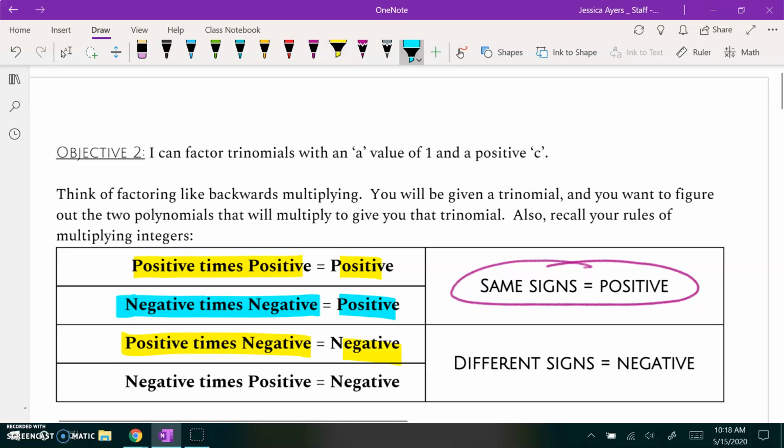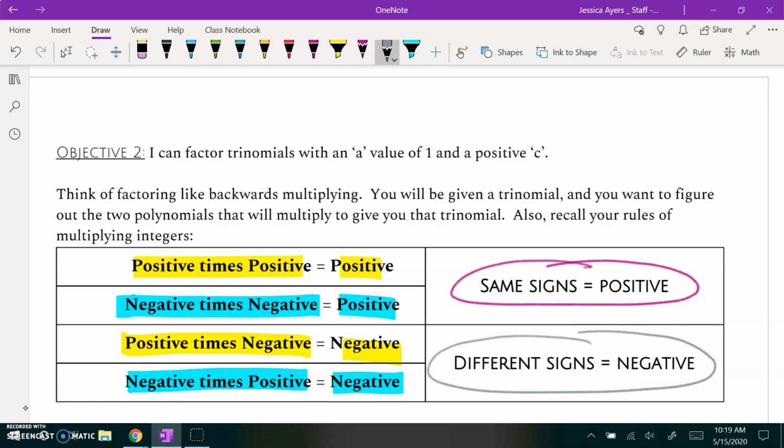And when you multiply a negative times a positive, you end up with a negative. So the order doesn't matter. First number is positive, second number is positive, doesn't matter. You end up with a negative as long as your signs are different. So that's the thing you always want to think back to when you're factoring. If you're multiplying two things and they have the same sign, the product is positive. If you're multiplying two things with different signs, the product is negative.